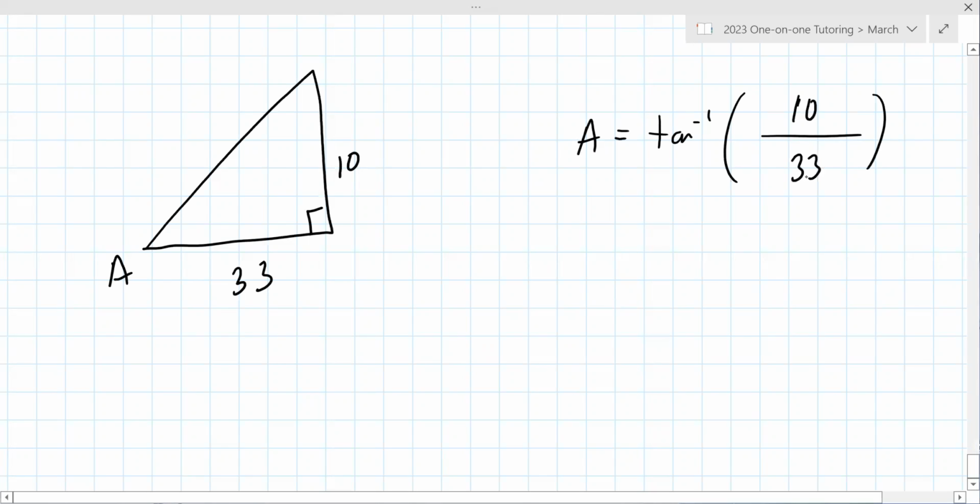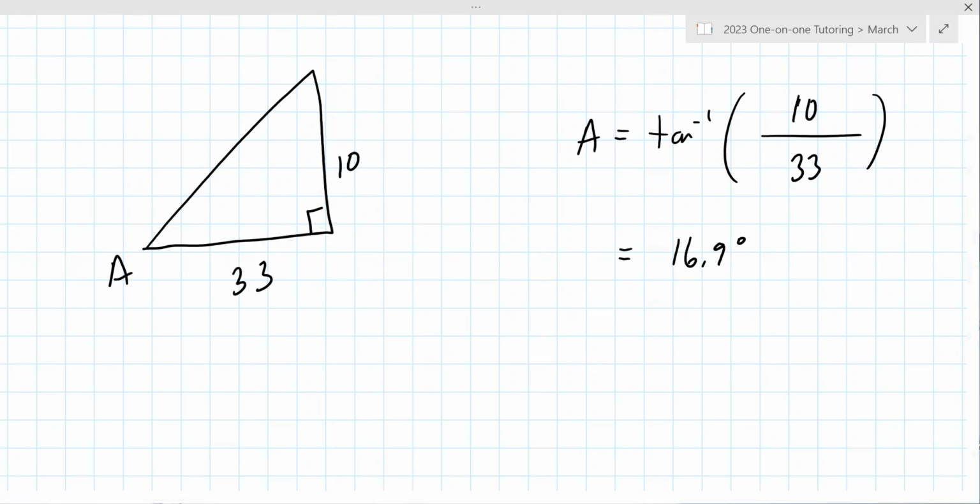Good. So that means I just need to plug it in as tan and then go back, and then I have 10 divided by 33. And that should be 16.9. Very good.